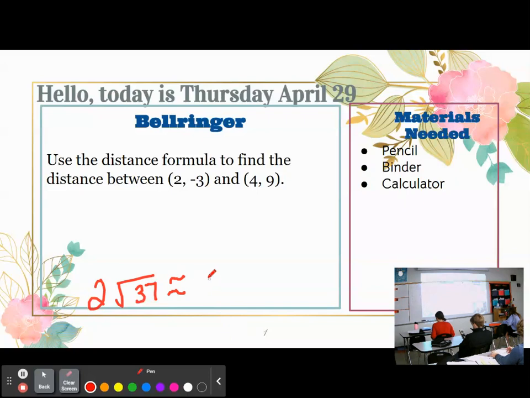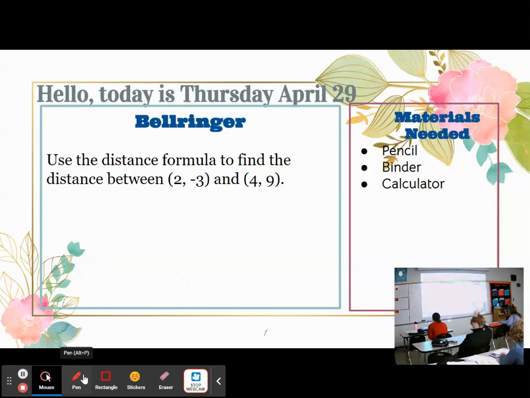It's like 12.16. Yeah, so you get approximately 12.2, which is the same as your answer. So if you're taking a test and it's multiple choice, or you're on the ACT and these are what your answers look like, and you got a decimal, go through and type these in your calculator and see which one gives you the same decimal. And then that'll be your answer. So that's for whenever you're taking the ACT or another test that has multiple choice answers.